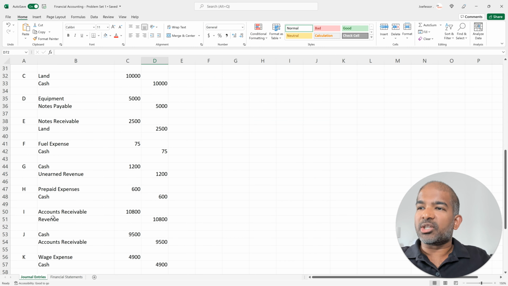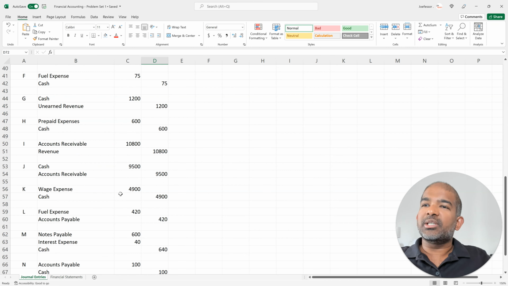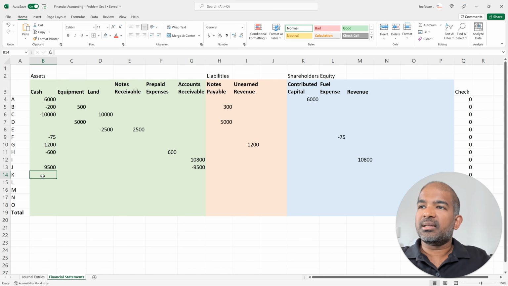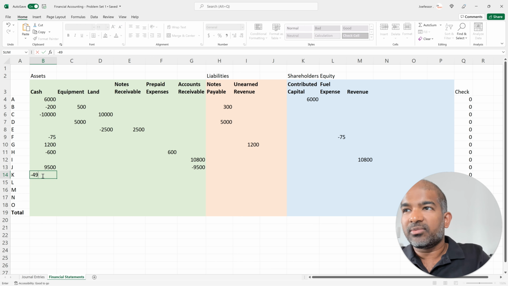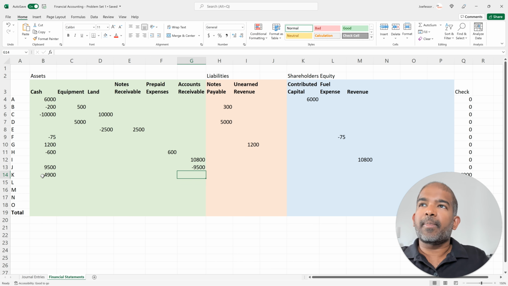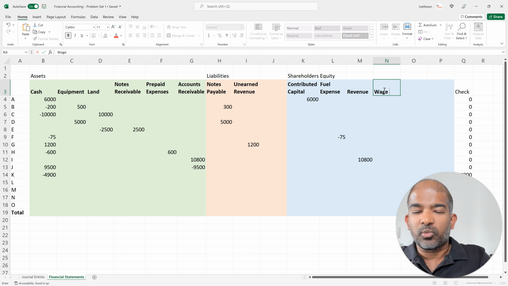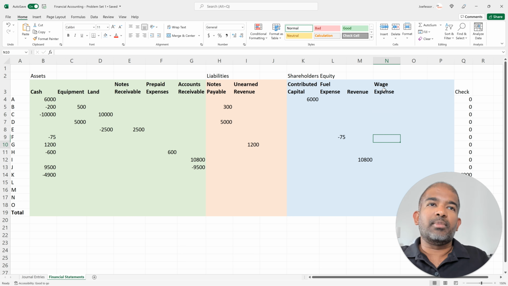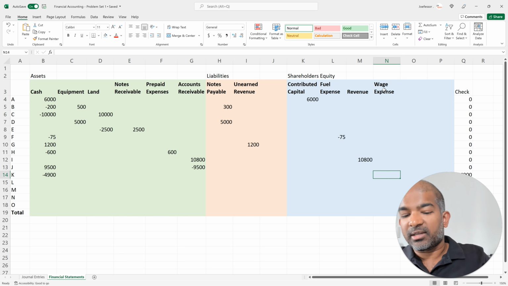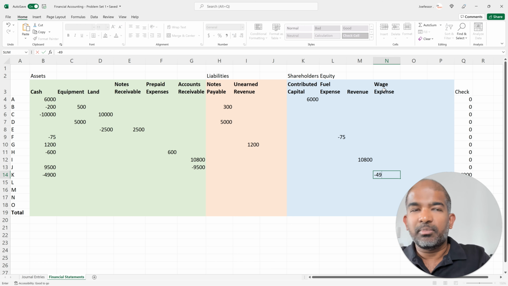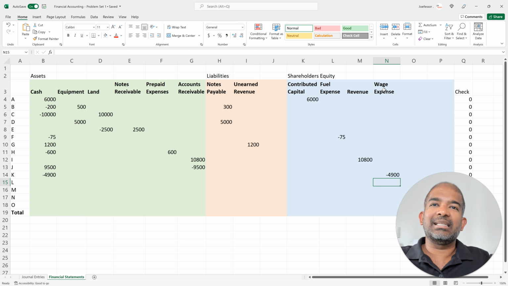Transaction K, wage expense 4,900, cash goes down 4,900. So cash goes down 4,900. Now I'm going to create a separate column for wage expense. Because it's an expense, I'm going to mark it with a negative sign, because when you have expenses, it decreases your stockholders' equity.